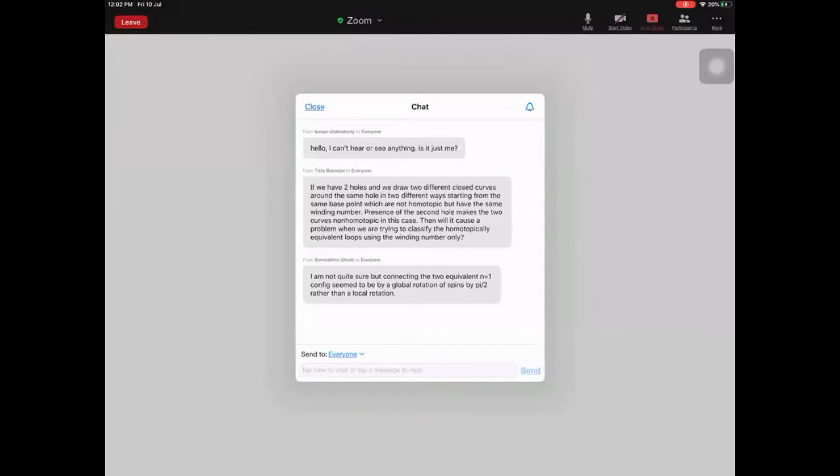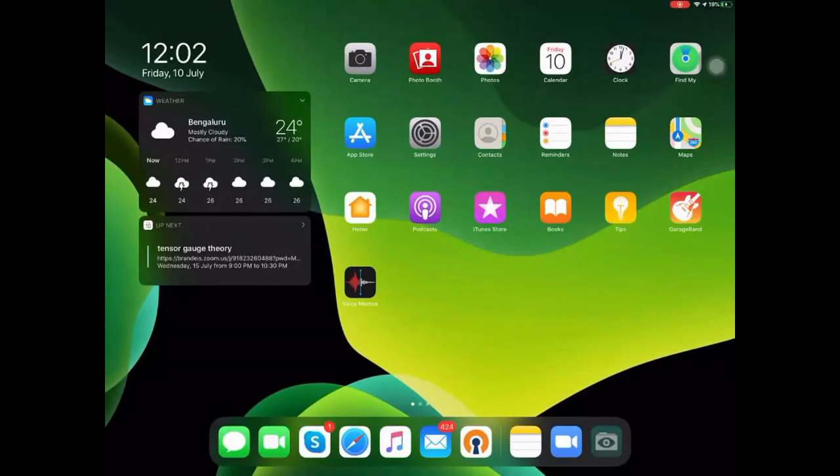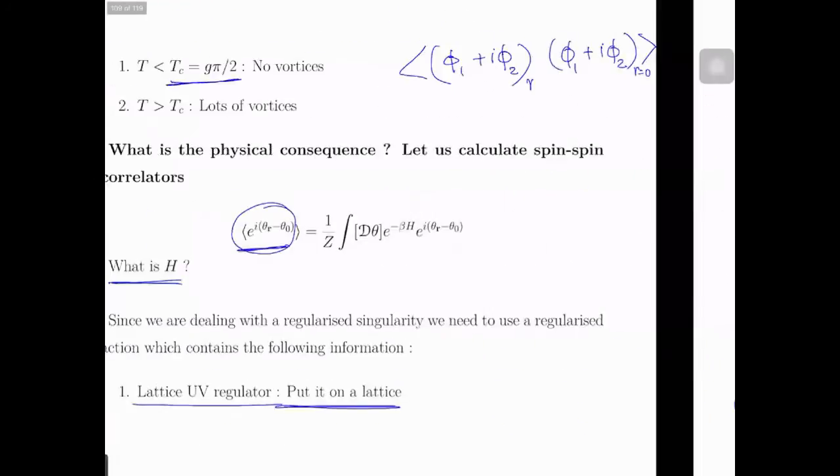There was a question by Subhro Ghosh. The question is, I'm not quite sure, but connecting two equivalent n equal to 1 configurations seems to me to be a global rotation by pi/2 rather than a local rotation. Yes, for the particular two things that I have drawn, I think you are correct.